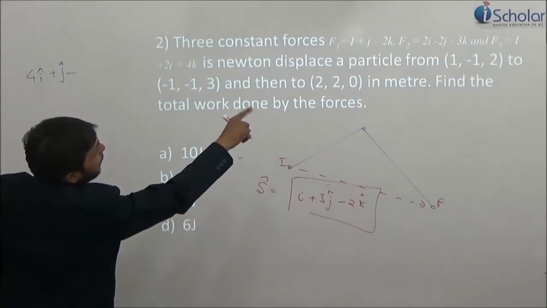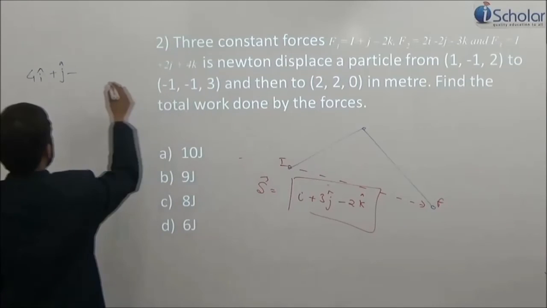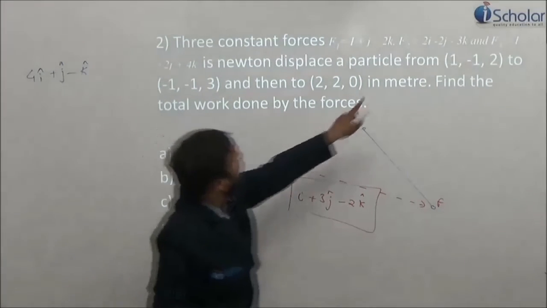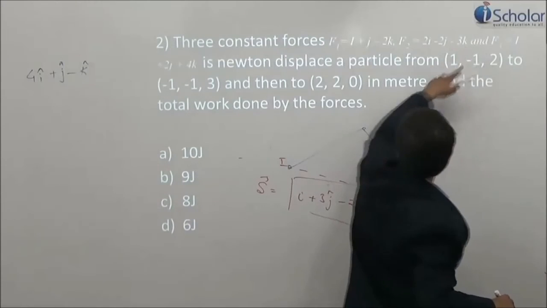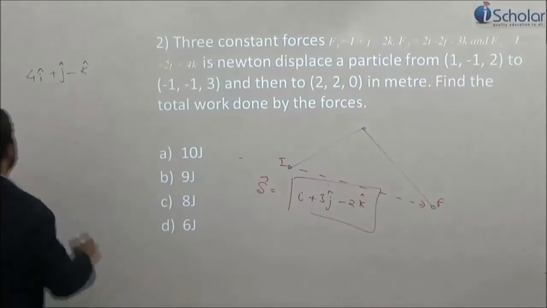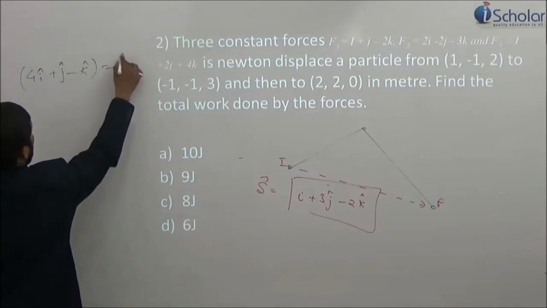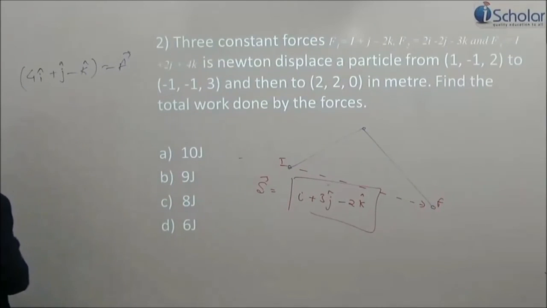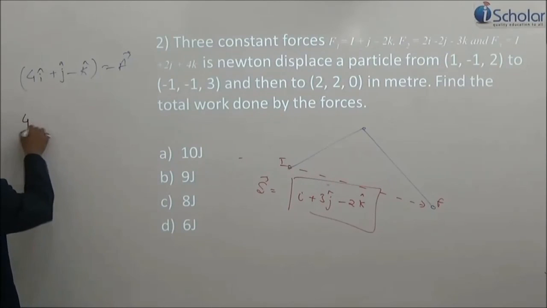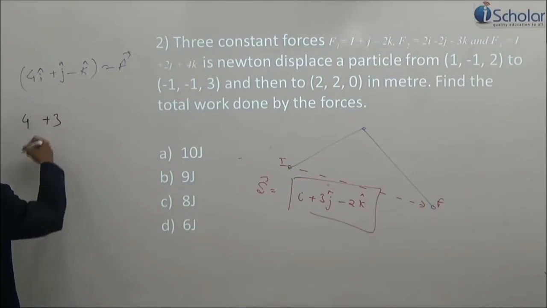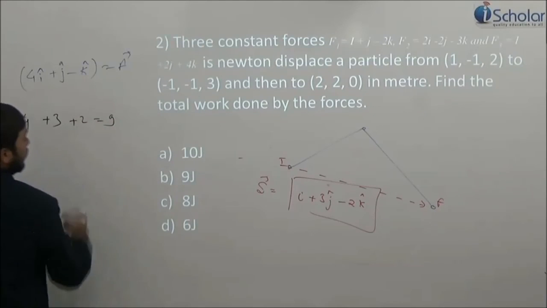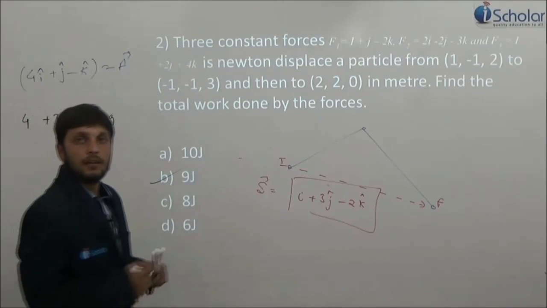Minus 2k, minus 3k and plus 4k: minus 2k and minus 3k bring up minus 5k, and this is plus 4k, so this is minus k. This is equal to the force. What is the work done? F dot S. When you do the dot product, i is 4, j is 3 and k is minus minus, plus 2. The answer is 9. Easy?